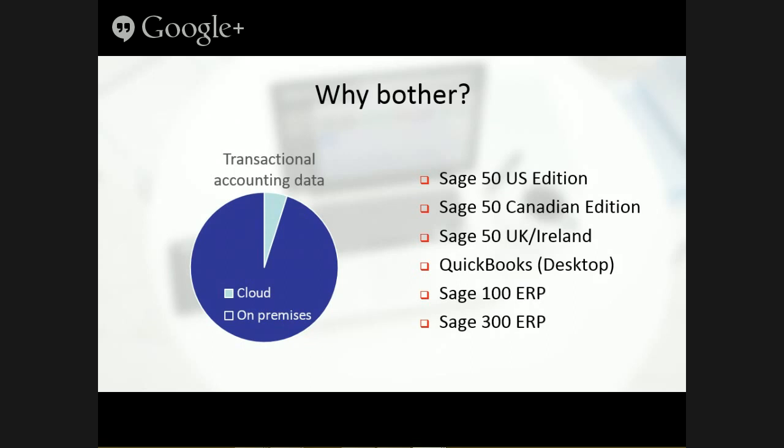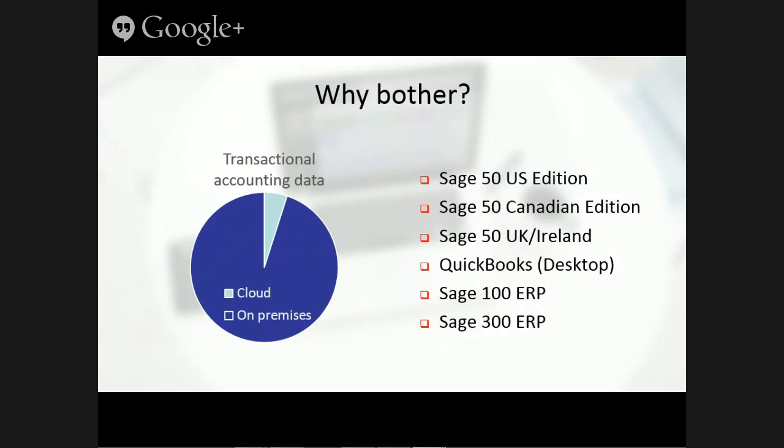Now, for these guys, probably more than 95%, certainly more than 90%, but I would say probably more than 95% of the transactional accounting data is on premises, stored in products like Sage 50 US edition, Sage 50 Canadian edition, UK or Irish edition, QuickBooks Desktop, Sage 100 ERP or Sage 300 ERP.